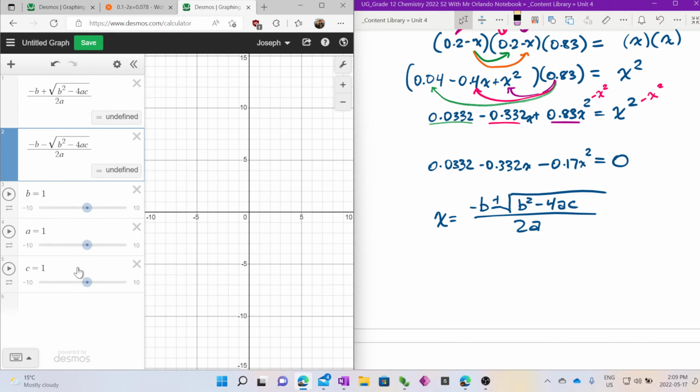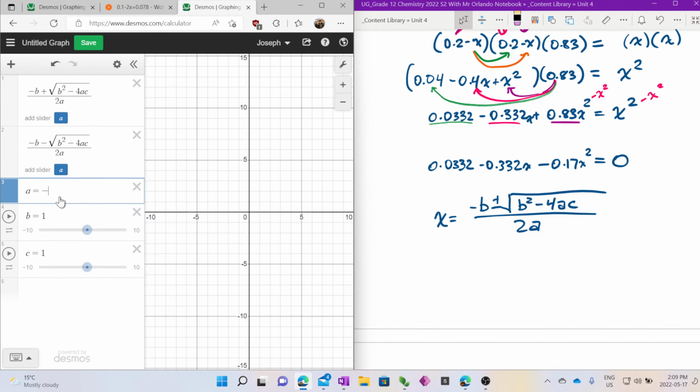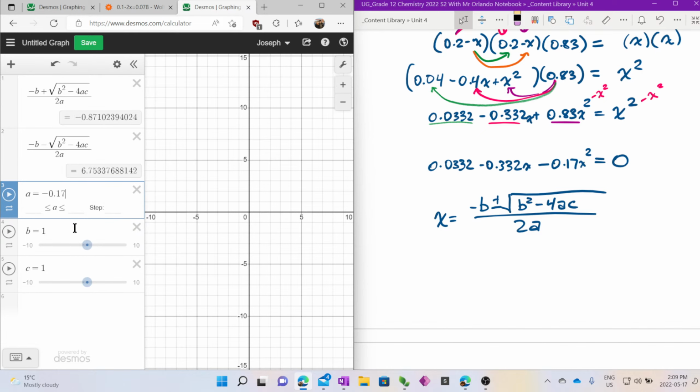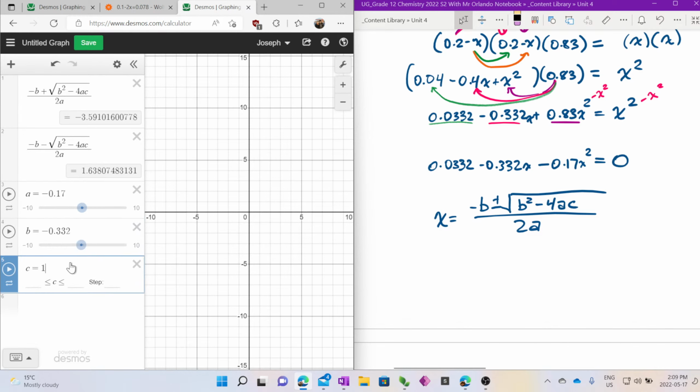Have a computer in front of you, build this, and then if you remember, the a is the value in front of the x squared, which in this case is negative 0.17. b is the number in front of the x, in this case negative 0.332. And c is the number without an x, 0.0332. And it will solve for the two possible values of x for you.